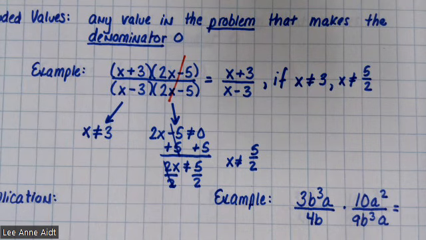You could say 2.5. I wouldn't mark it wrong. I don't love it, but I wouldn't mark it wrong.